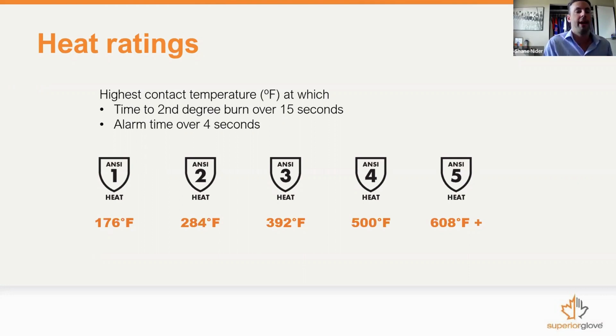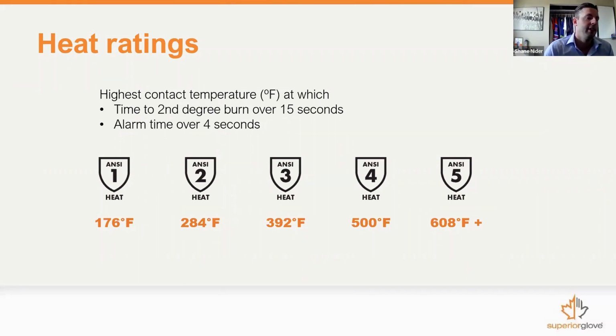However, we're doing that as a manufacturer. Again, the standard caps out at level 5. As a manufacturer, we can go above and beyond that. We can provide the test reports. So again, if that's a pain point for you, that you're looking for higher heat ratings over and above 608 degrees Fahrenheit, it just may be working directly with a manufacturer to find the right solution.